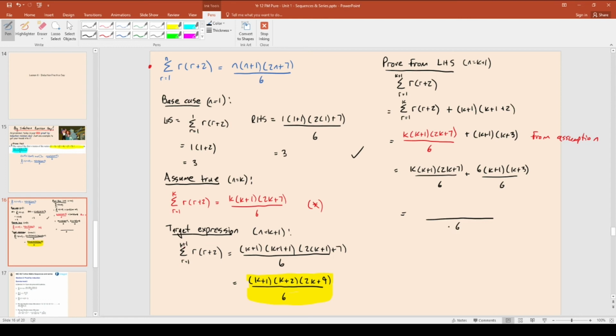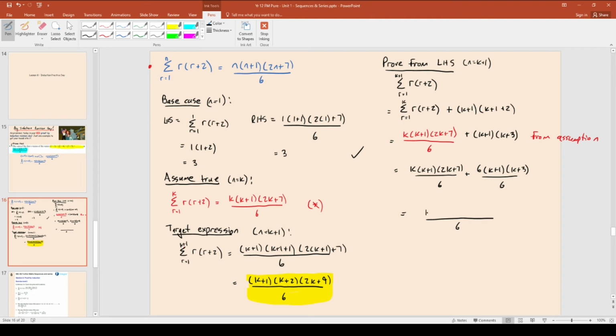And then on the top, what are we going to get? I think a k plus 1 is common. A k plus 2 isn't, so I'm not quite sure yet what's going on. So let's just have a try. I see k plus 1 is common, and I'm going to factorize the k plus 1 out of the top two.